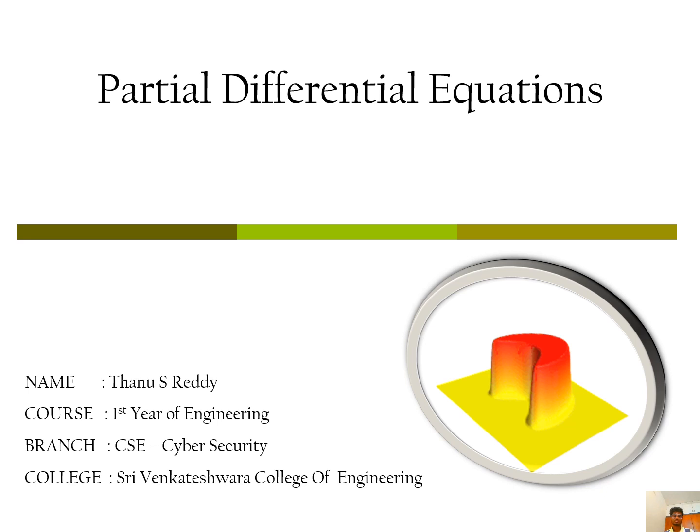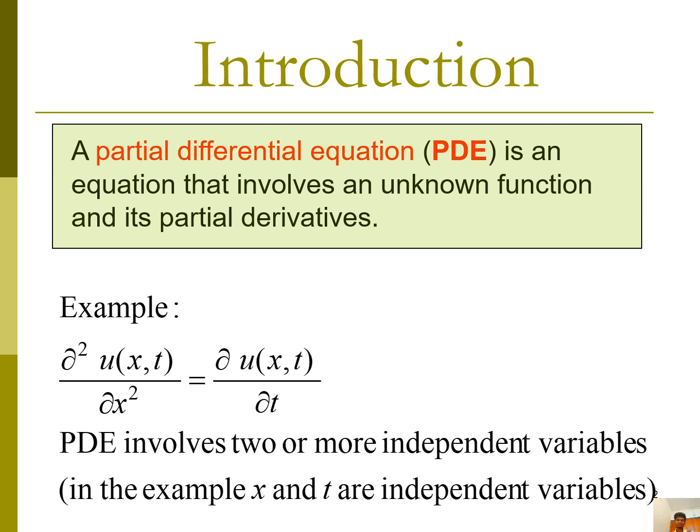I'm going to explain about partial differential equations. A partial differential equation is an equation that involves an unknown function and its partial derivatives. That is, it involves two or more independent variables. For example, x and t are the independent variables.